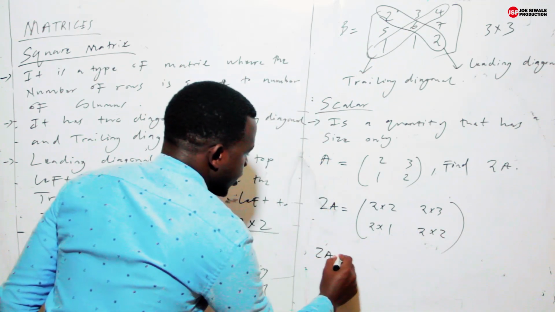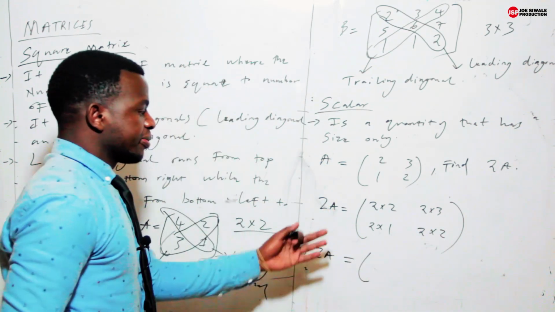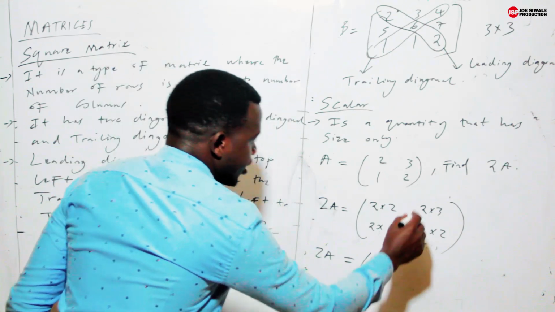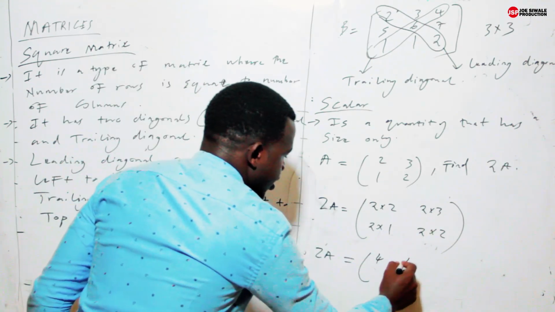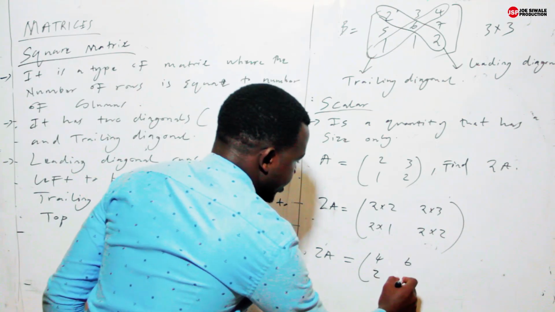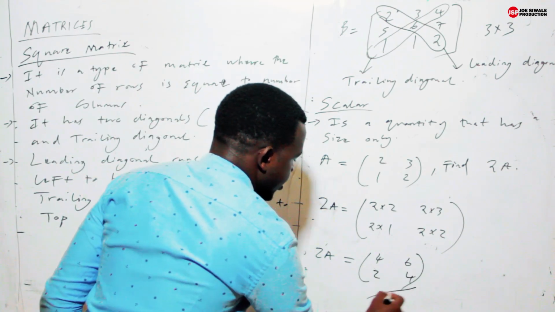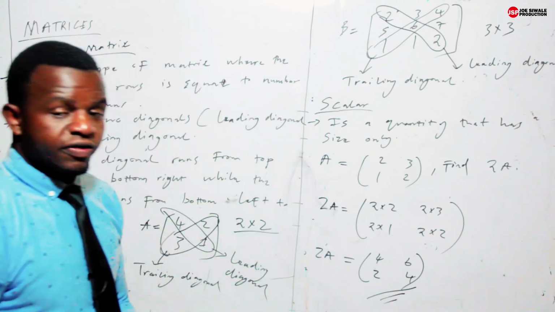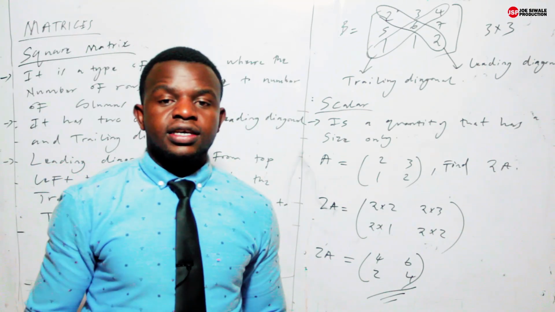So our 2A is going to be equal to 2 multiplied by 2, that's 4. Then 2 multiplied by 3, that's 6. 2 multiplied by 1, that's 2. 2 multiplied by 2, that's 4. So this is going to be our answer. Where you have questions, please ask in the group.